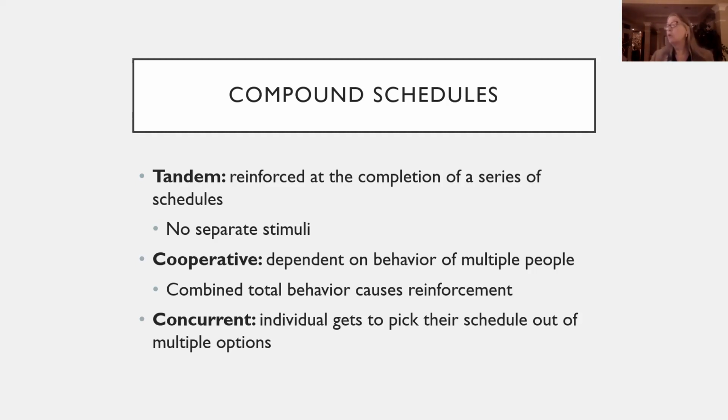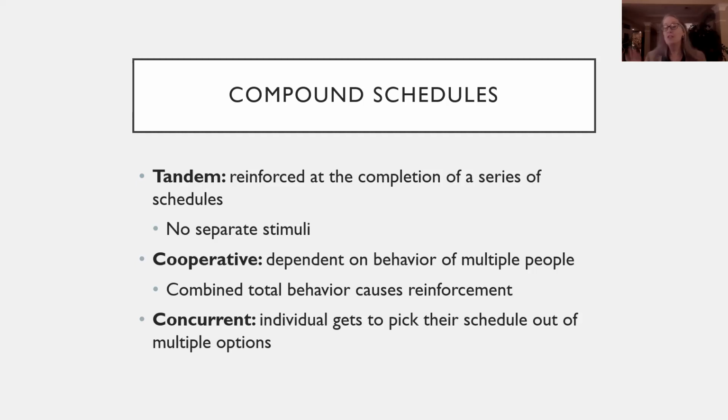And the pigeon can even peck the lever over here, then go over and peck the lever over there, and back and forth. What Skinner found is that most animals, the pigeons, the rats, got really good with a concurrent compound schedule. They got really good at figuring out which one they could get the most from.